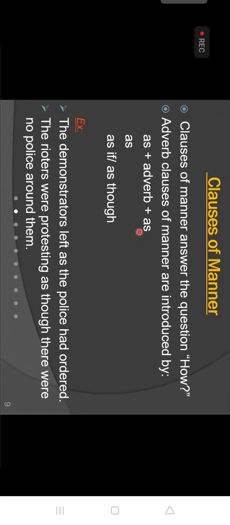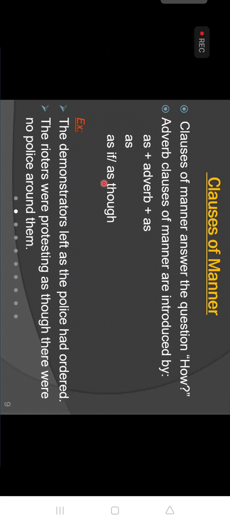Okay, example: She is talking as fast as she can to her teacher. As fast as, this is the first form. Okay, this is about adverb of manner, so we have as plus adverb plus as, or as if, as though.